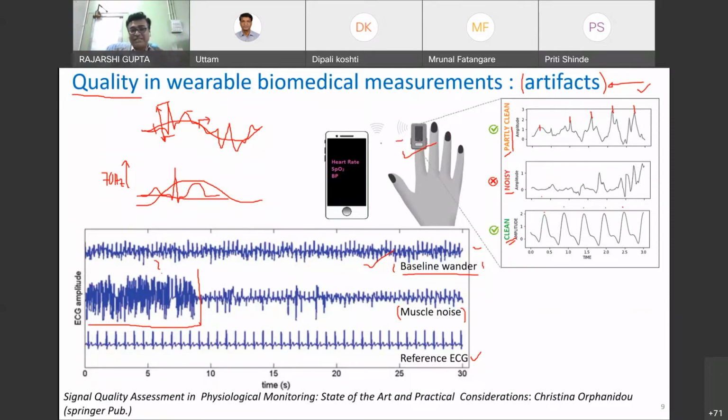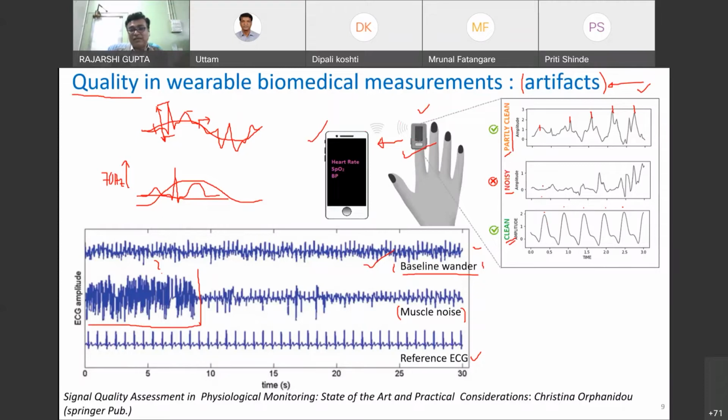Due to the COVID pandemic, we now know very well what a pulse oximeter is. It is basically measuring the PPG signal. If the pulse oximeter has Bluetooth communication, you can connect the signal to your mobile phone.